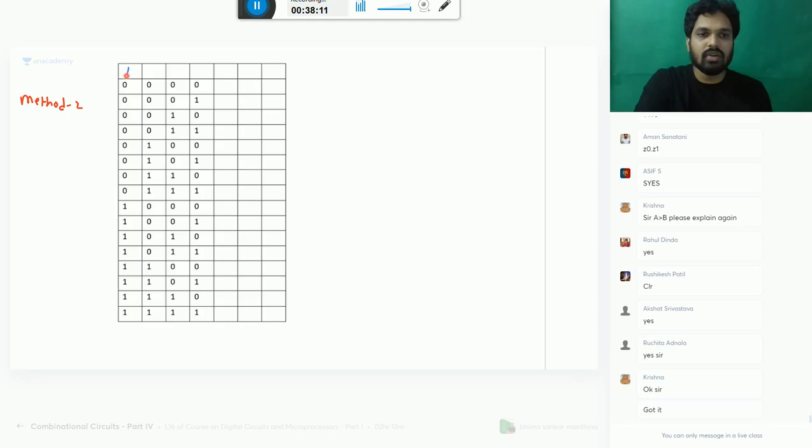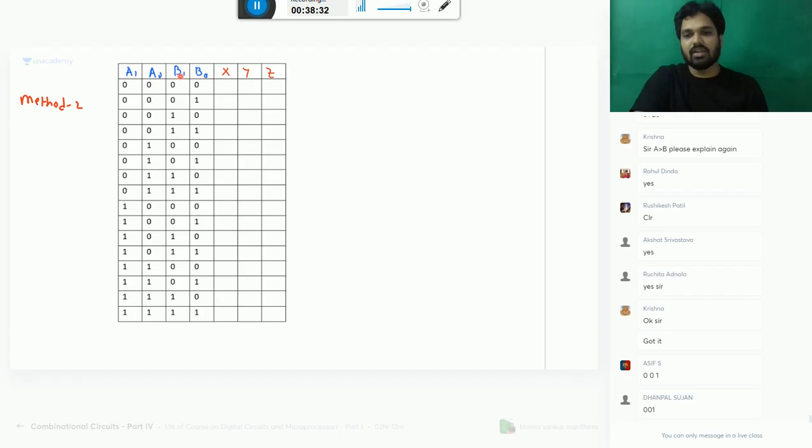This is A1, A0, B1, B0. Just fill X, Y, Z. You should only tell me first. Can you tell me the first case X, Y, Z? Tell me A greater than B or equal to B or less than B. Very good, very good. It is A equal to B.